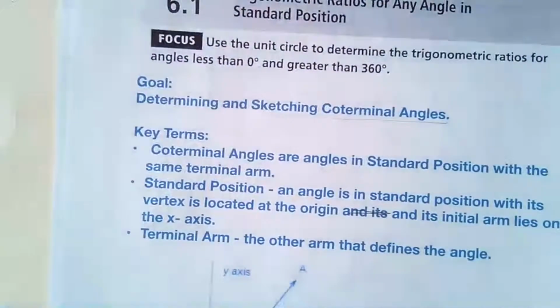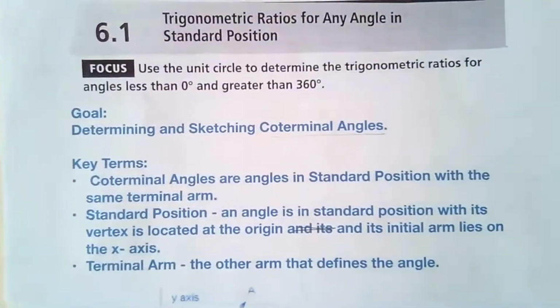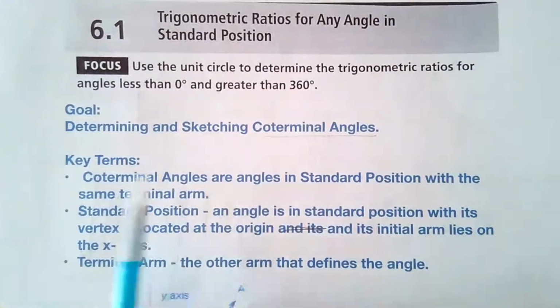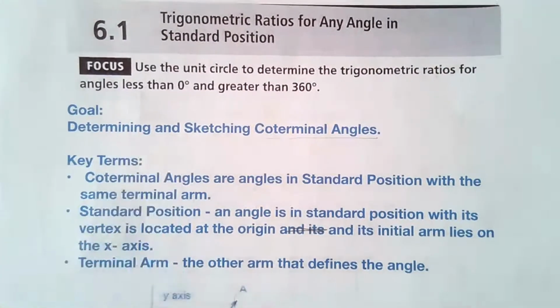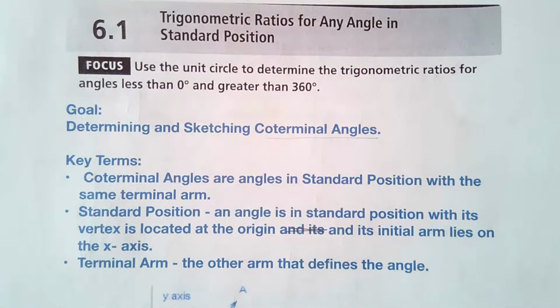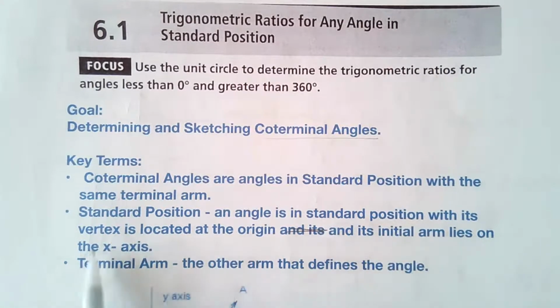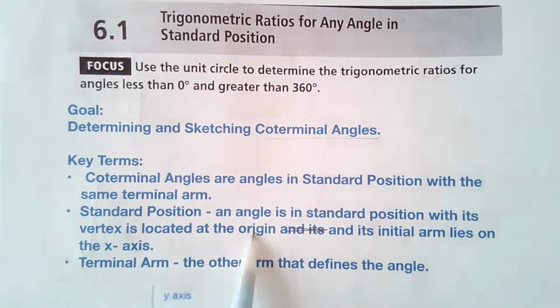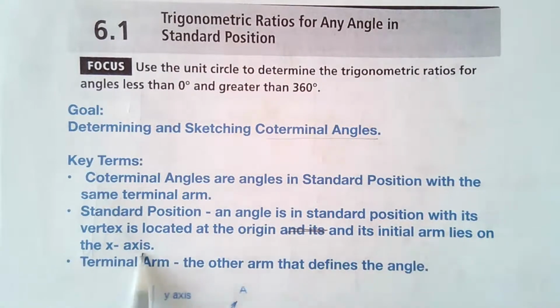Okay, let's review what we did today. Our goal today was to determine and sketch coterminal angles. Coterminal angles are angles in standard position with the same terminal arm. Standard position is an angle with its vertex located at the origin and its initial arm lying on the x-axis.